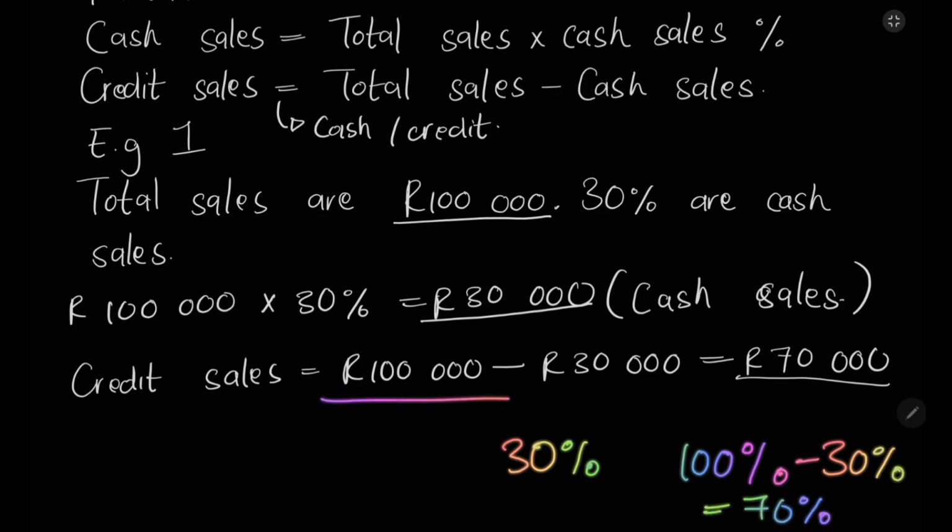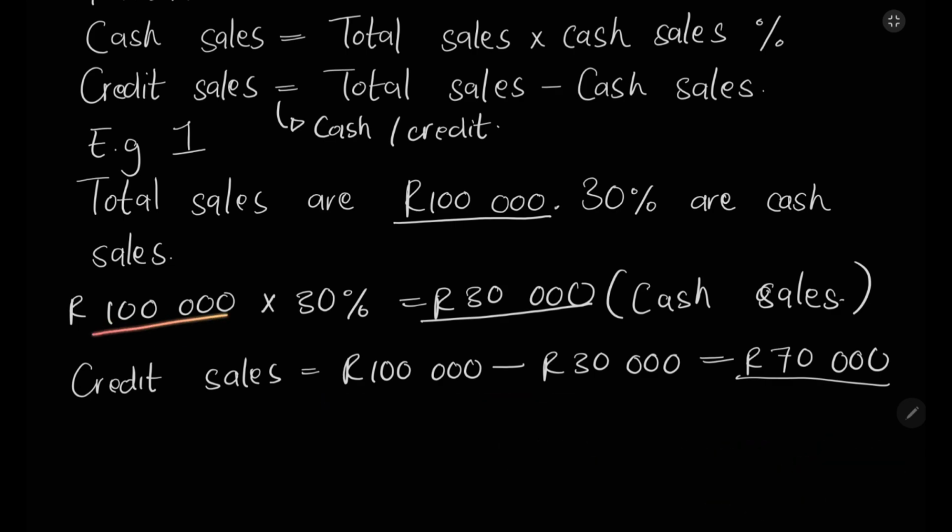So if you don't want to subtract, as I've done here, you can just say the 100,000 Rand times 70%, as that is what's remaining. We always have 100. However, 30% is cash sales, 70% is credit sales. 100 minus 30 is 70. 100,000 Rand times 70% should give you 70,000 Rand. So you still get the same answer.